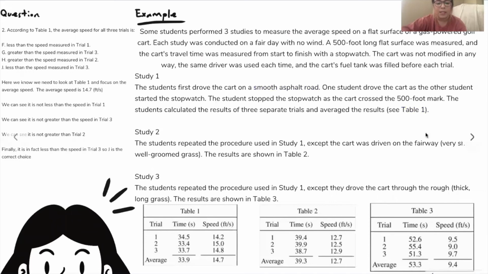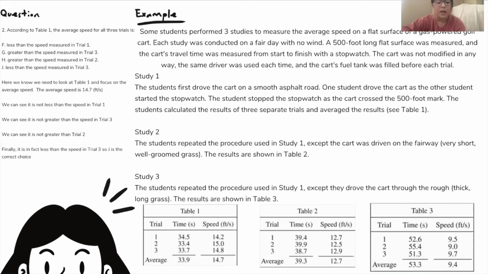Question 2 is asking us according to table 1. So we know we're only going to look here. The average speed for all 3 trials is what? So we can see that it's not less than the speed in trial 1, because 14.7 is greater than 14.2, so we can eliminate F. We can see it's not greater than the speed in trial 3, because 14.7 is less than 14.8, and we can see that it's not greater than the speed in trial 2, because 14.7 again is less than 15.